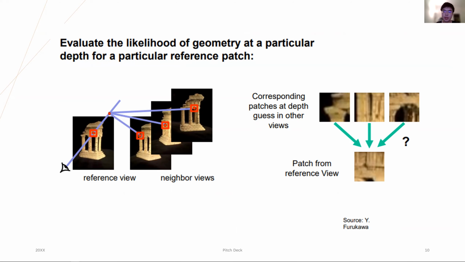And if the depth is the true depth we want to find, all of those image patches shall agree with each other. And we will get rid of the sparse correspondence and be able to find the depth for each pixel on our target object and thus finish a so-called dense reconstruction of the object.